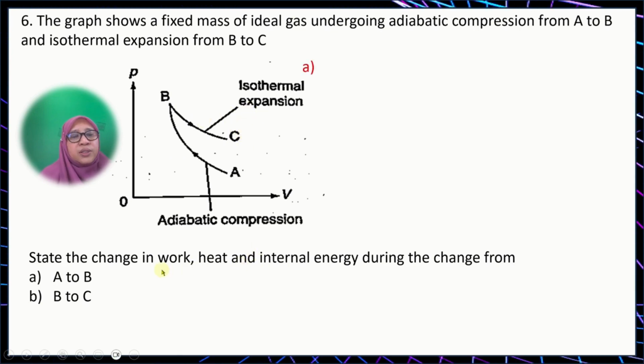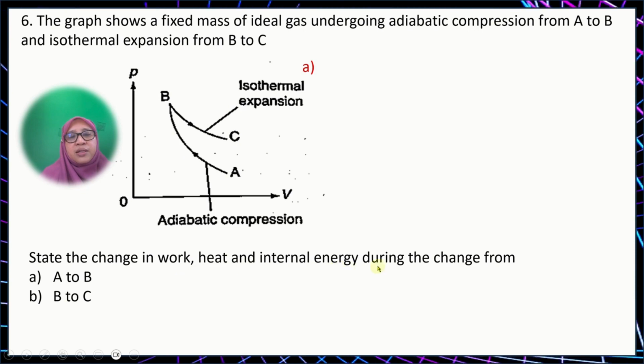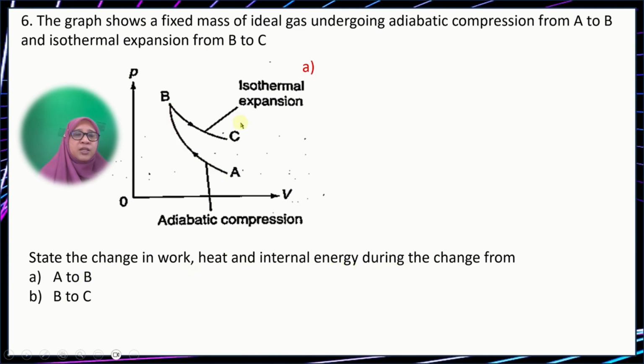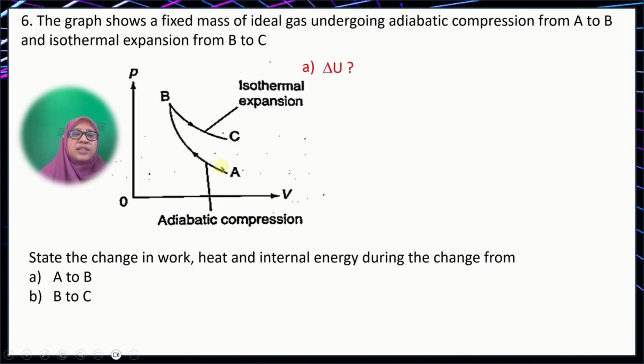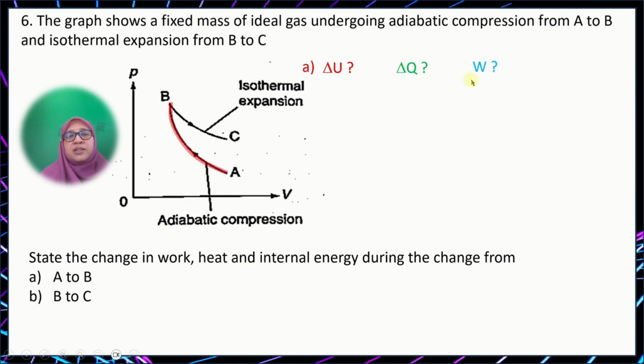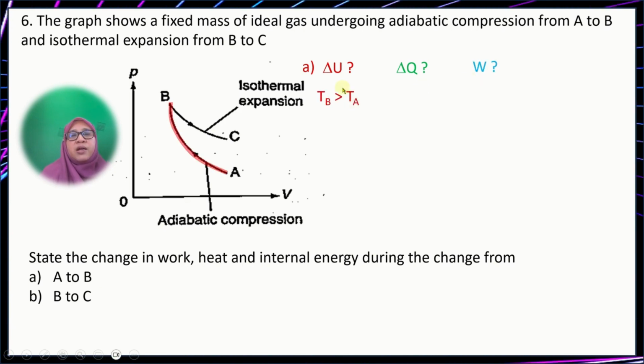Okay, so we find the change in work, heat, and internal energy for the process A to B first. This is adiabatic, so we find the change in internal energy, the change in heat, and then the work done. For internal energy, TB is larger than TA.